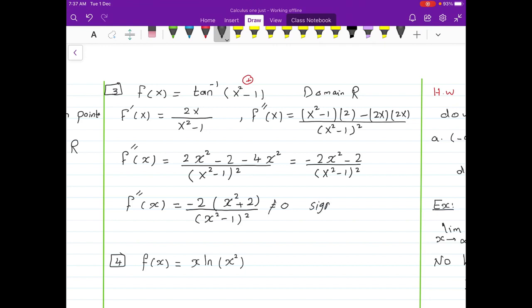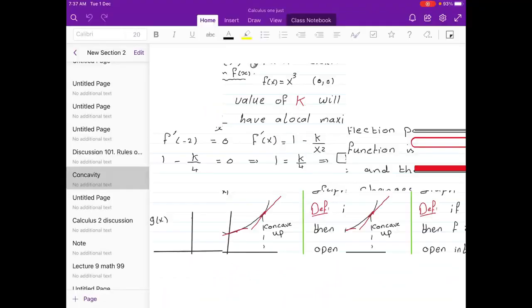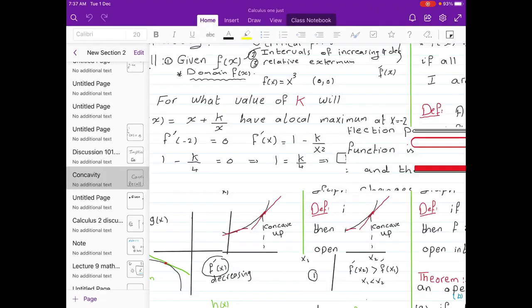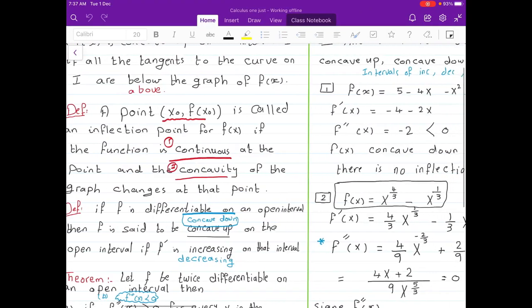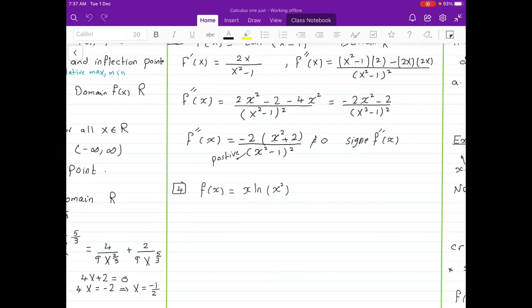Now, what is the sign of f double prime of x? Obviously, this term is always positive. Notice that the numerator is always negative.